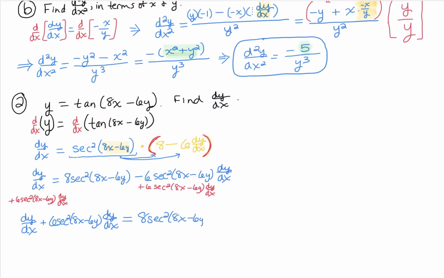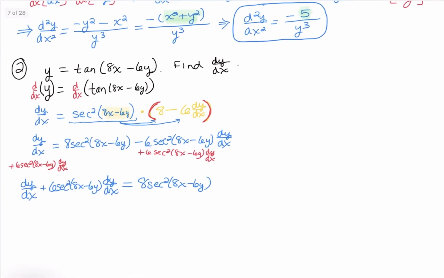And so my second to last step is the whole reason that we do this: so we can factor out this dy dx from both terms here. So we're going to factor out this dy dx, and when we do, we would have times the quantity of 1 plus that secant squared of 8x minus 6y term there.